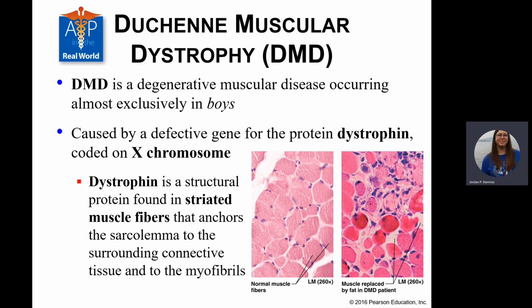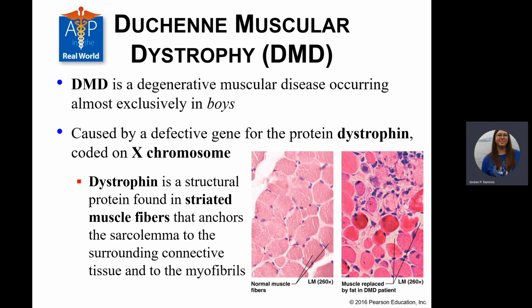Versus females, if you have one, so to speak, bad X and one, so to speak, good X, that good X that's making a functional protein, you can use that and not have this. Versus in boys, again, you only have one X, the other one's a Y, that's what makes you a boy, chromosome speaking. If you have one, so to speak, bad copy of that X, you're going to have this. Okay, so that's why it makes sense that this is almost exclusive to boys.